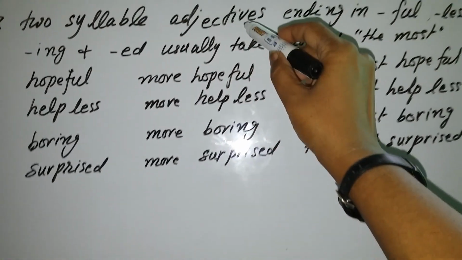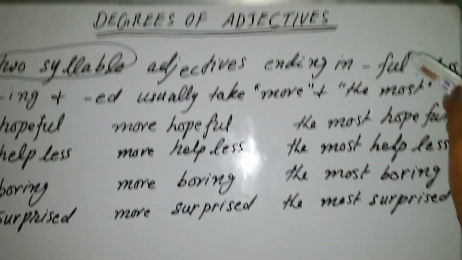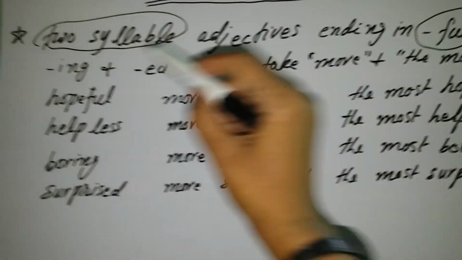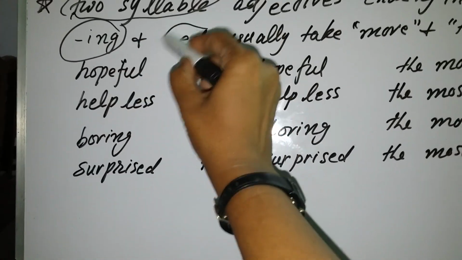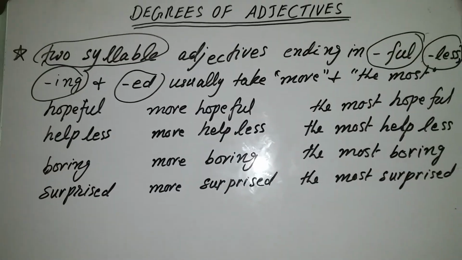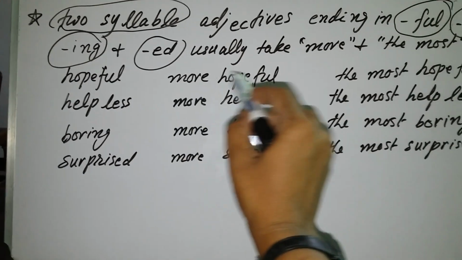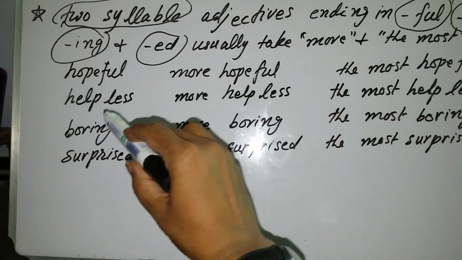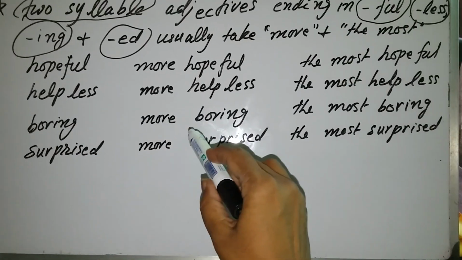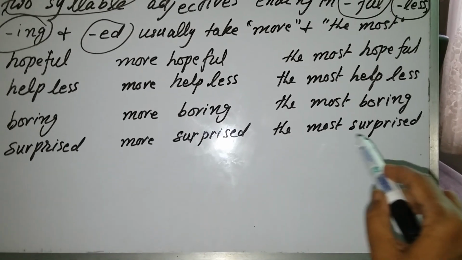How? Hopeful, more hopeful, the most hopeful. Helpless, more helpless, the most helpless. Boring, more boring, the most boring. Surprised, more surprised, the most surprised.